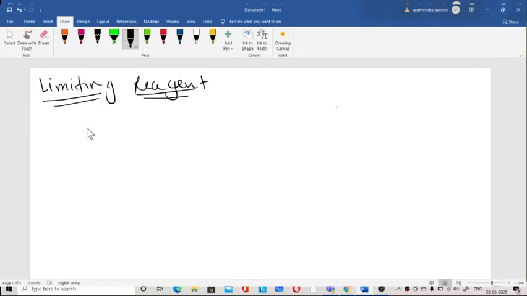Now suppose there are three reagents, suppose A plus 3B plus 2C gives D. Suppose there is a hypothetical reaction and we have 10, and we can take it as 15, and 12 moles each of A, B, C. Then you have to find the limiting reagent.